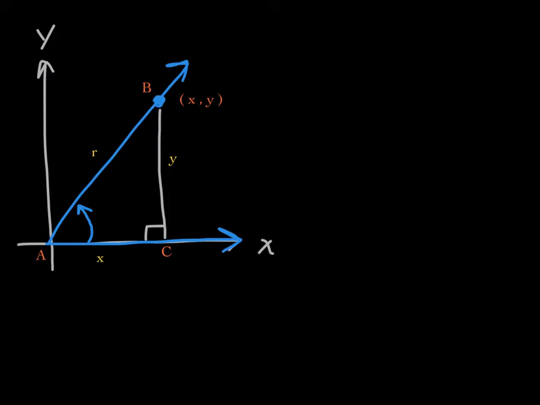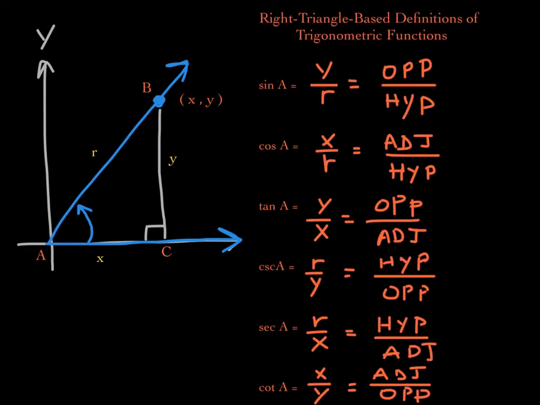The definitions that I'm about to give you now are going to be ratios of these lengths. And here it is, sine of angle A. Remember, angle A is the acute angle A here. Sine of angle A now is y over r. Now this is the definition that you and I have already discussed in earlier lessons.